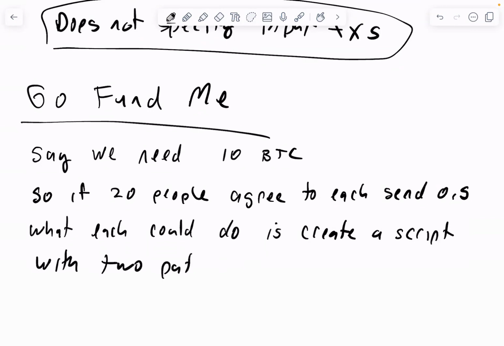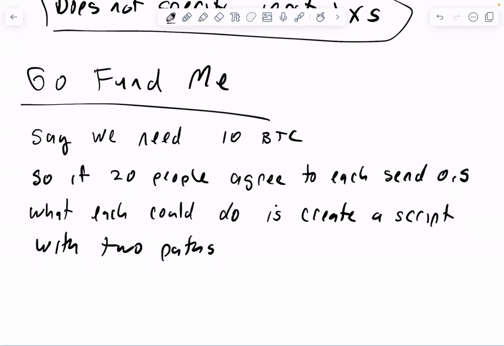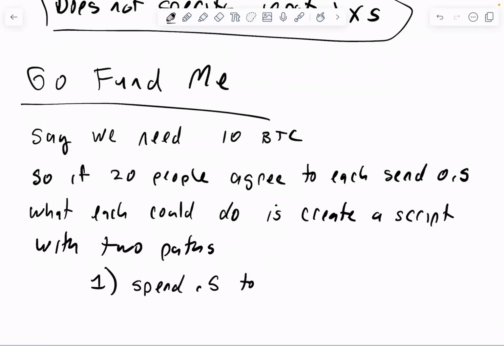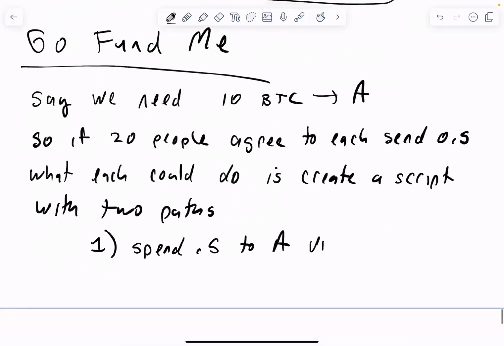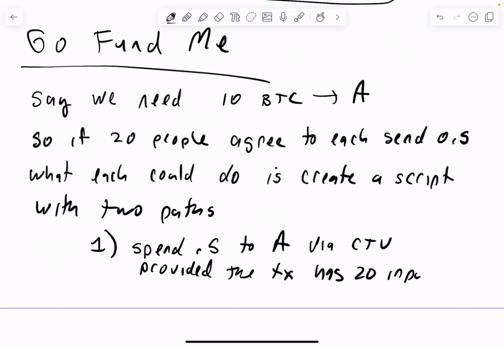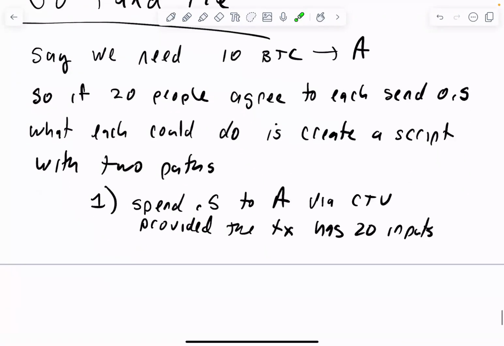And I won't describe how these paths work. But one spends 0.5 to, I'll just call this address A, to A via CTV, provided the transaction has 20 inputs to the same output A.